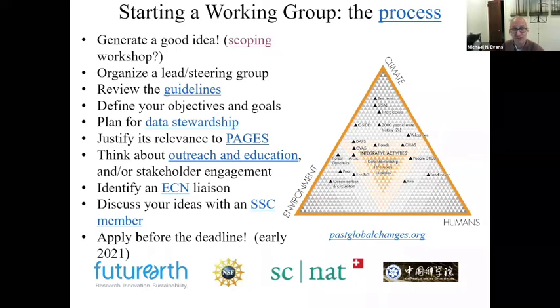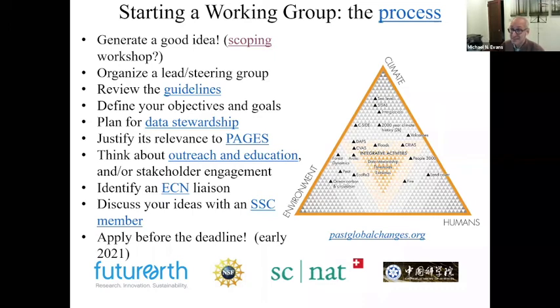In terms of proposing working groups, there's no requirement that someone who proposes a working group has to be a permanent member of a research institute or other sorts of organization.